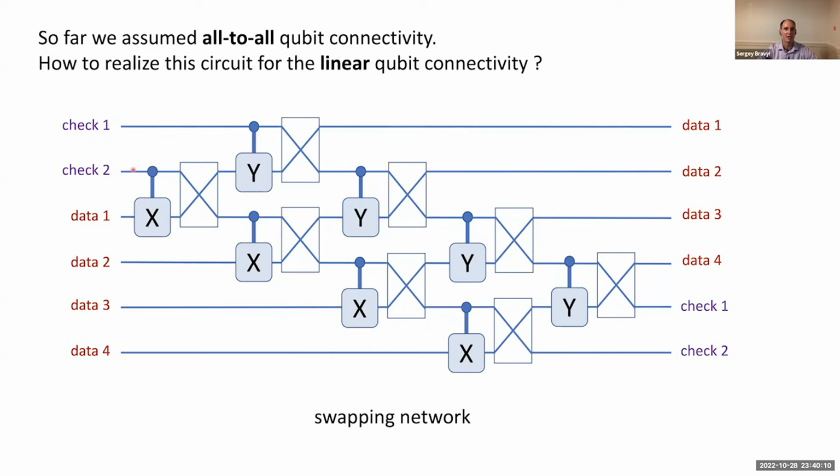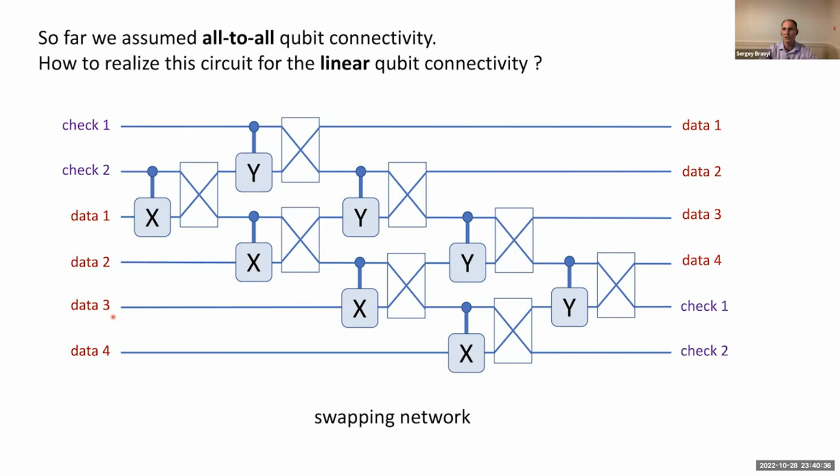So you can see that check qubits are moved from the top to the bottom by applying these swap gates, and data qubits are moved in the opposite direction. And for any pair of check qubit and data qubit, there is some point when they become nearest neighbors.